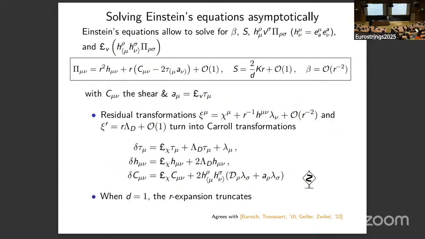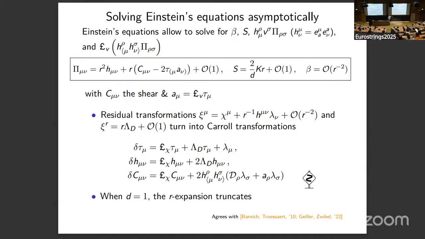Now, if we solve Einstein's equations order by order in R, what we find is the following. The expansion looks like this. At leading order, we already knew from the Penrose construction, we get the Carrollian ruler. At the next to leading order, we get this C, which is the shear.